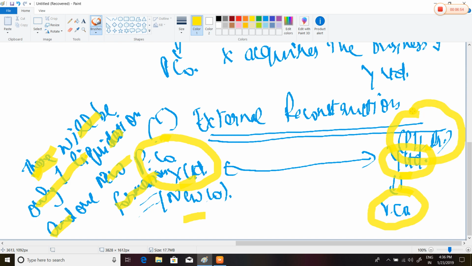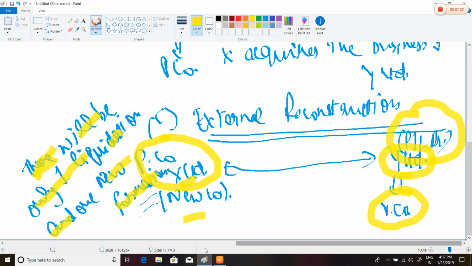So whenever the profit and loss account is a debit, the reconstruction takes place. The company incurring losses will liquidate and will form a new company. Okay, I think you got it.